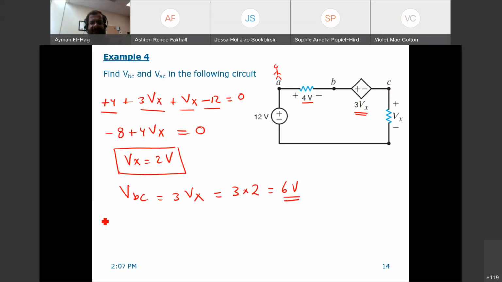Then it says VAC, the voltage between this point to that point. So it is a summation of this voltage and this voltage. So this is equal to plus 4 plus 3Vx, which is equal to 4 plus 6 equal to 10 volt.